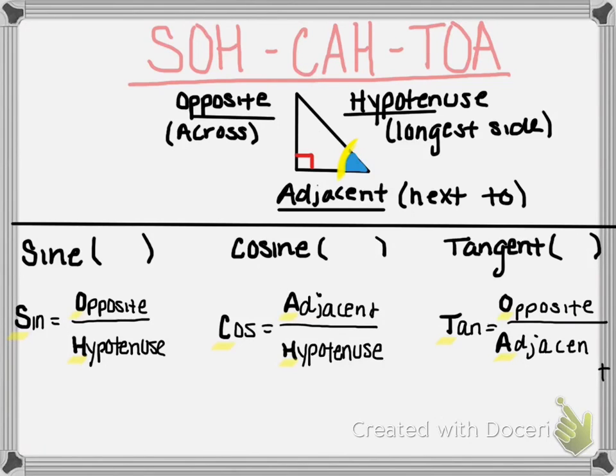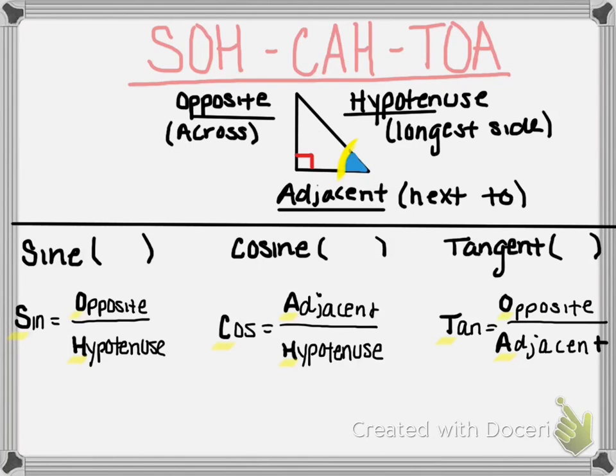Okay, so now that we've done that, we're going to get into our trigonometric ratios. There are three of them that we are going to focus on before we start getting into the other ones. So let's start with sine. Sine is spelled S-I-N-E, but we can abbreviate it, like it has a nickname.